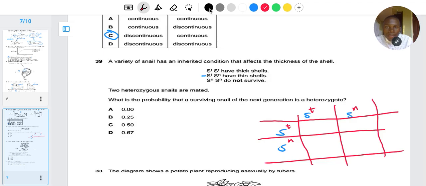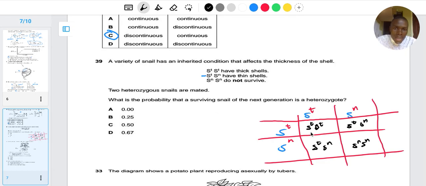Okay, so in this one crosses with this one here, we are going to have ST, ST, then ST, SN. Then here ST, SN. Then here SN, SN. Now according to this question, it is asking what is the probability that a surviving snail of the next generation is heterozygous.